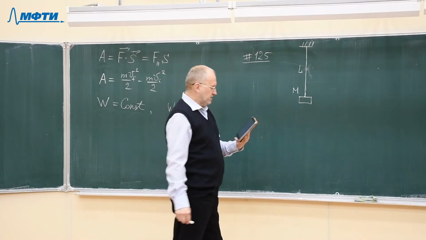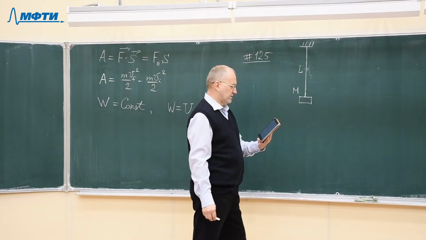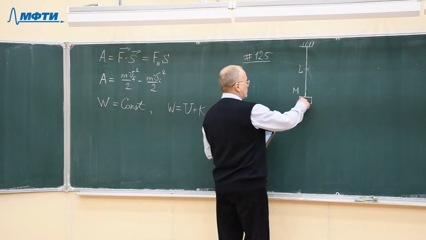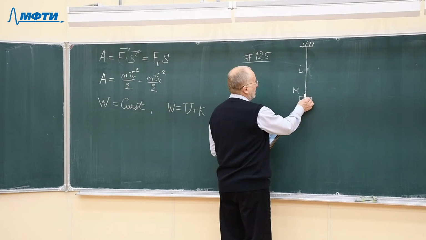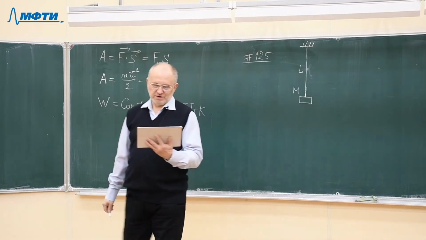The length of the string L is much larger than the linear dimensions of the box. So the box can be considered small. All its dimensions are small as compared to the length of the string.